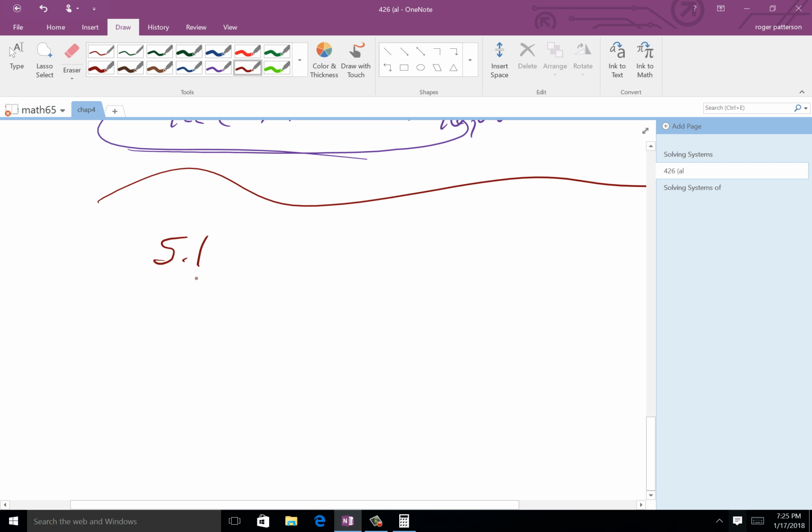So 5.1 is about adding and subtracting polynomials.